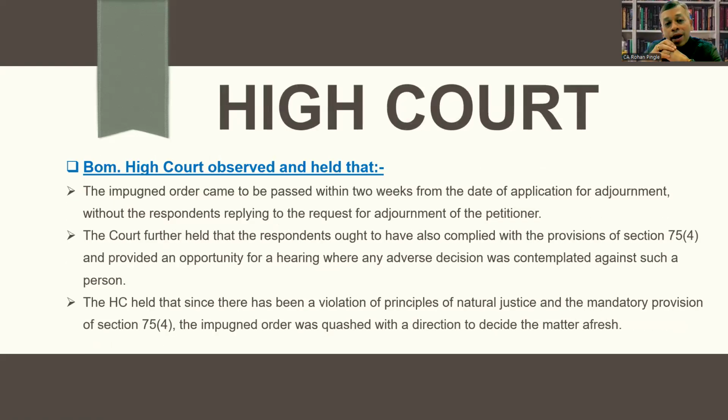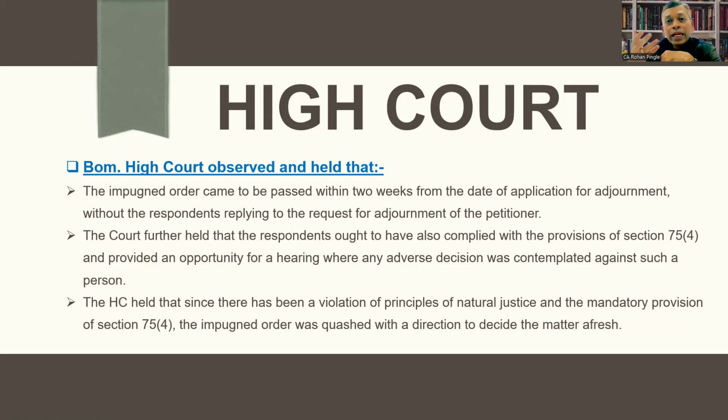So, what Bombay High Court observed and held is that the impugned order came to be passed within 2 weeks from the date of application for adjournment, without the respondents replying to the request for adjournment of the petitioner. Means the department actually passed the order without considering that adjournment application.